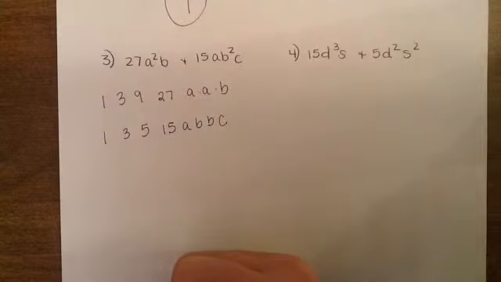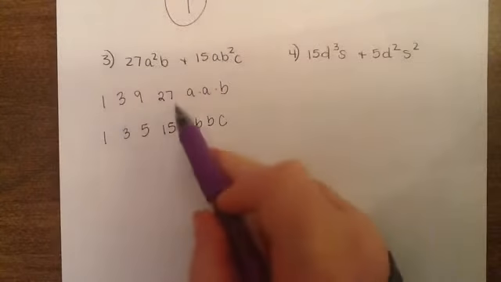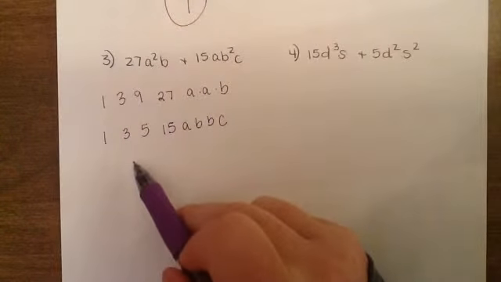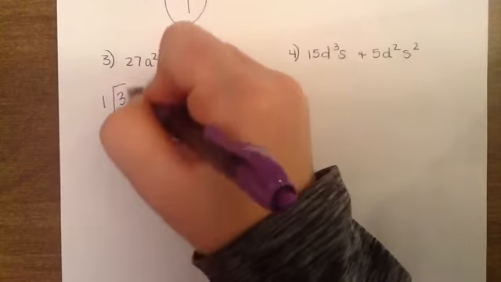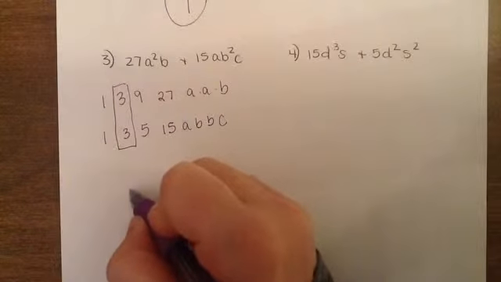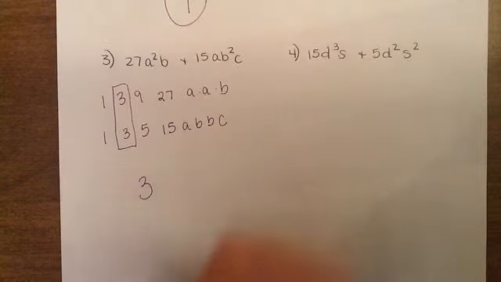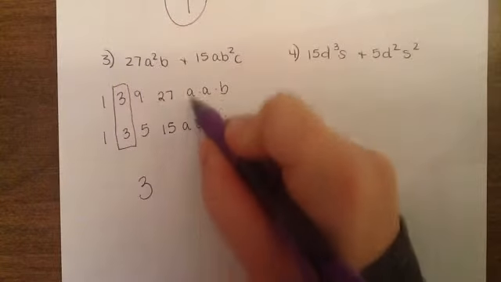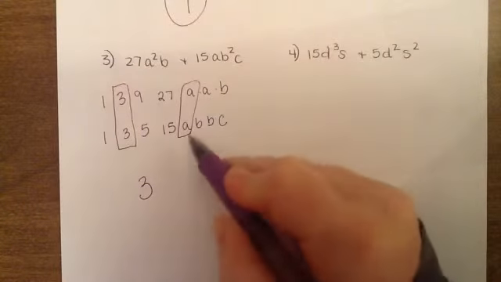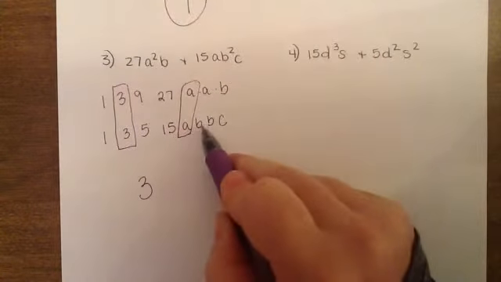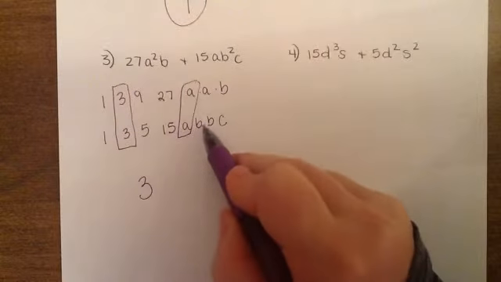We want the greatest common factor, so the largest that they have in common. So if I look at the numbers, they have things in common besides a 1. What is it? 3. So the largest number I can divide those both by is 3. Let's also look to see what variables they have in common. This one has an a, and that one has an a. Do they have any other a's? This one does, but not this one.